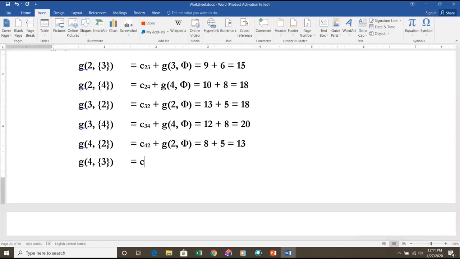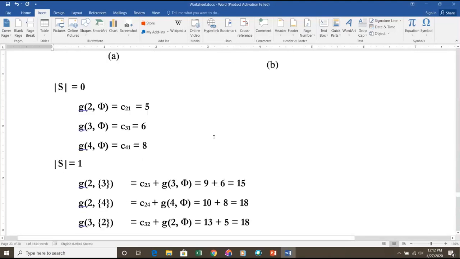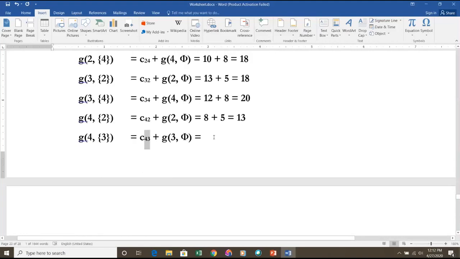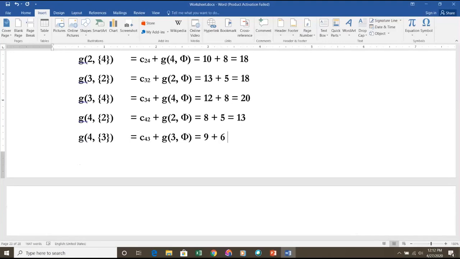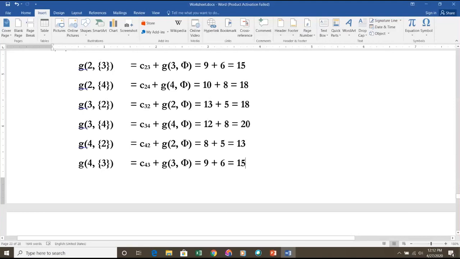C of 4 comma 3 plus g of 3 comma 5 is equal to, what is 4 comma 3? 4 comma 3 is 9. It is equal to 9 plus what is 3 comma 5? 3 comma 5 is 6, equal to 50. So these are the values for when s is equal to 1.